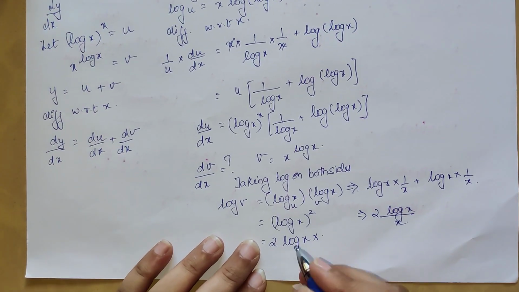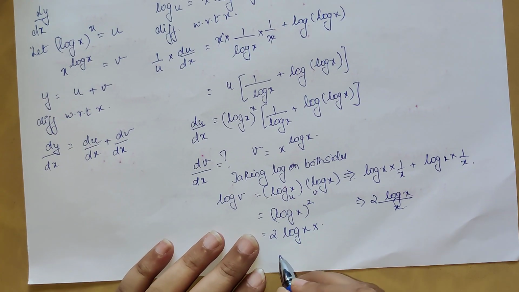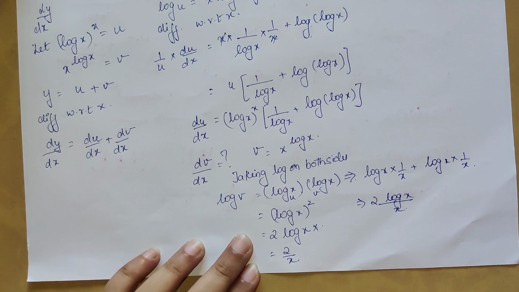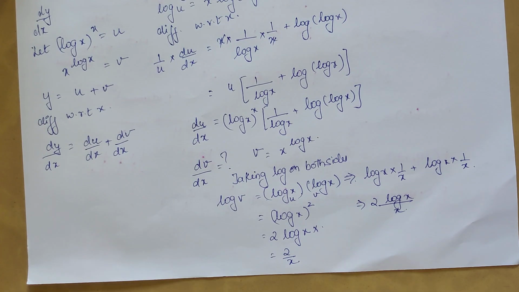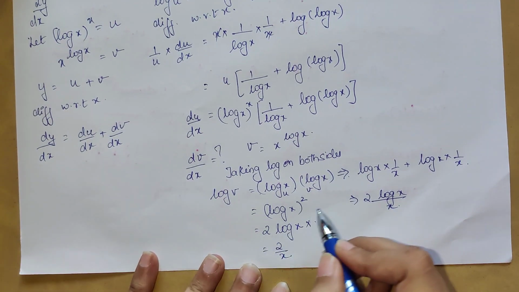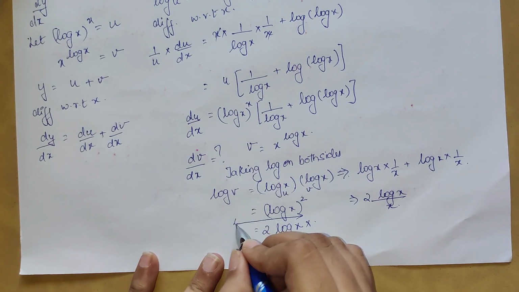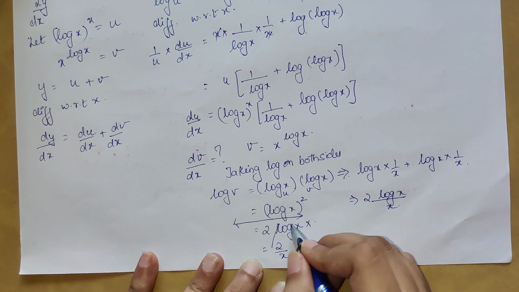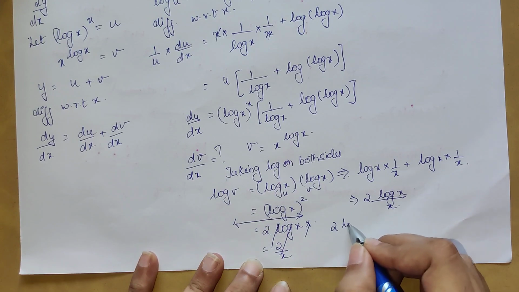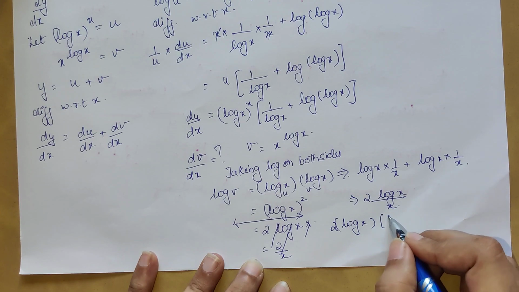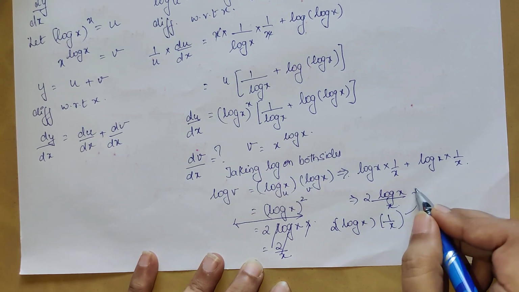And if I had done the other way, then what I would have got is nothing but 2 upon x. So you understood what is the difference? Here also, students, you could have gotten the same answer had you started differentiating from this level. Then your differentiation would have given you 2 log x into the differentiation of log x, that is 1 upon x, which is nothing but the same thing.